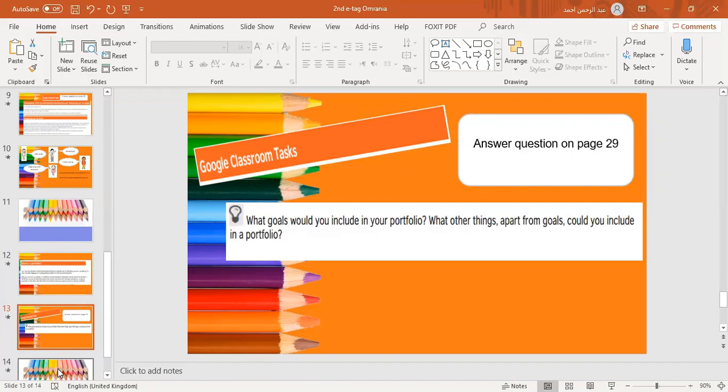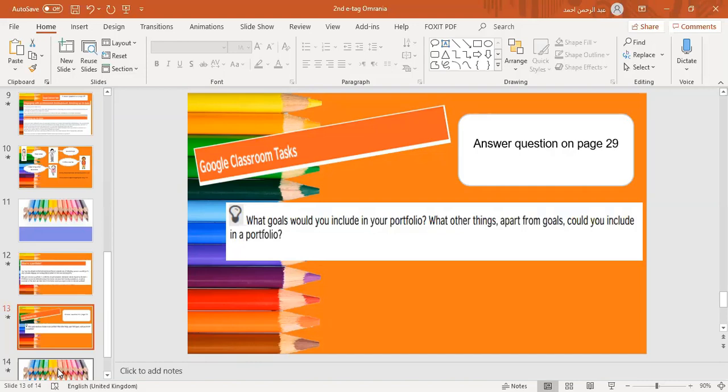The second question, what other things apart from goals could you include in your portfolio? Could you include your CV, your mission, your task, your future career expectations, or whatever you want to put in your portfolio? I am waiting for your participation.